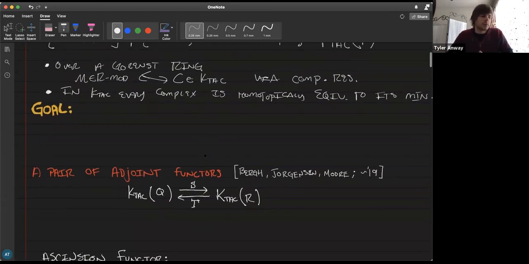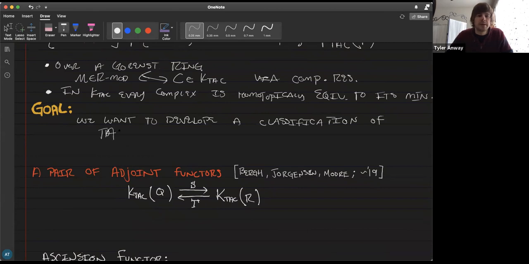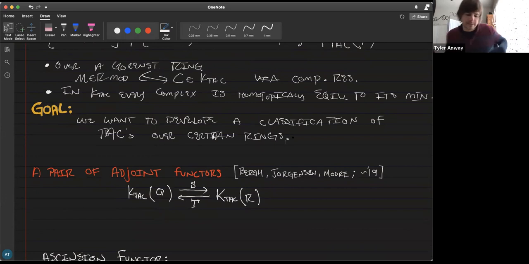So the goal of this talk is we want to develop a classification of totally acyclic complexes over certain rings. I'll make specific what those certain rings are.